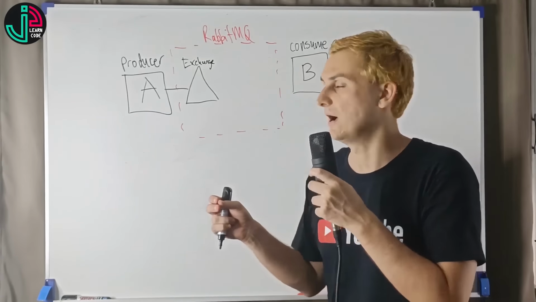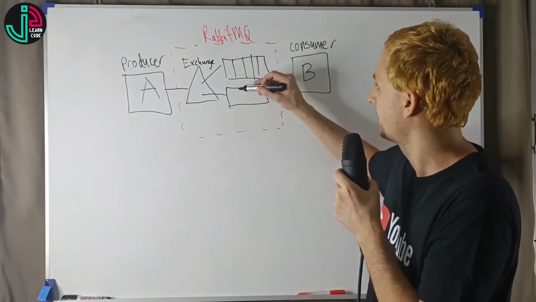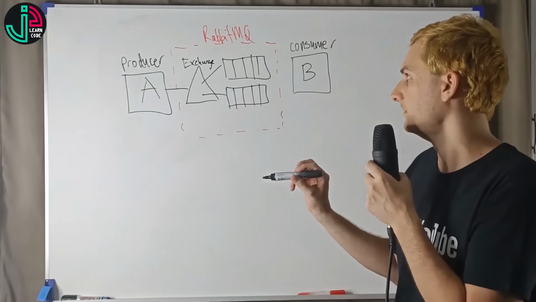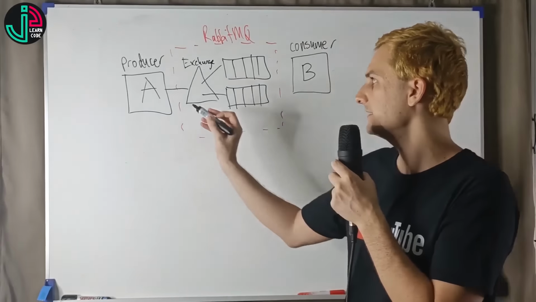So this exchange can forward to various different queues. And these are going to be the queues here. So this is a queue data structure. Basically, what it looks like here is A is receiving a request and it wants to keep receiving more and more requests.